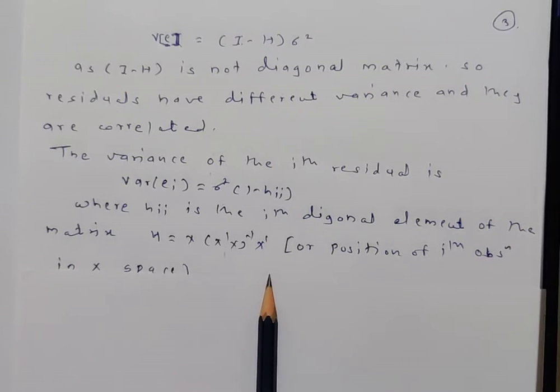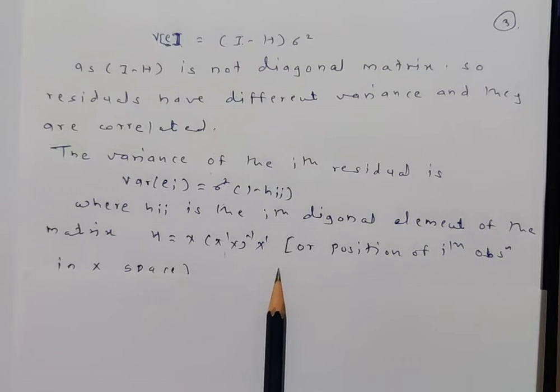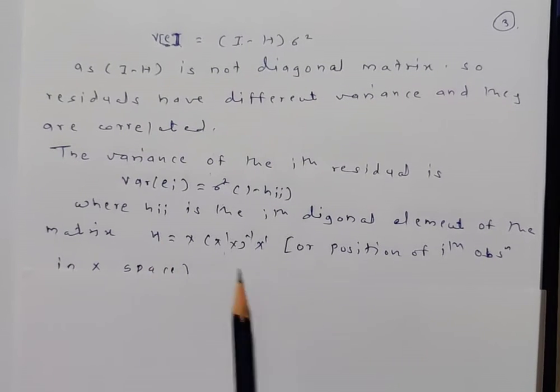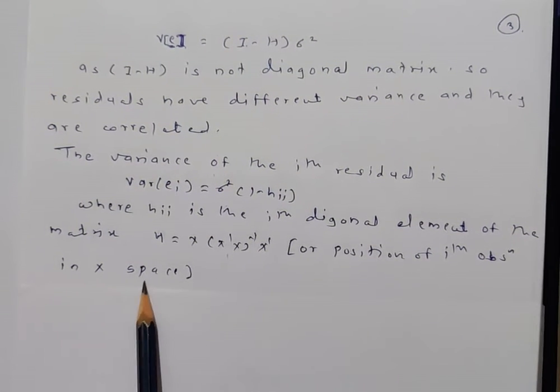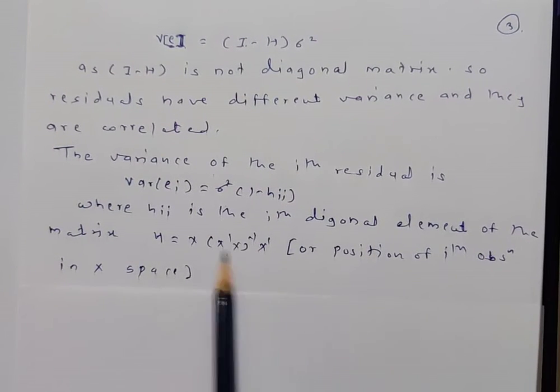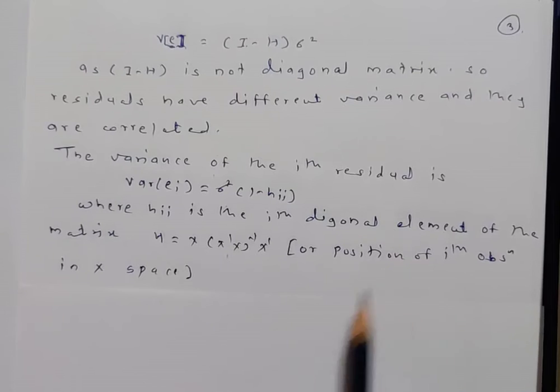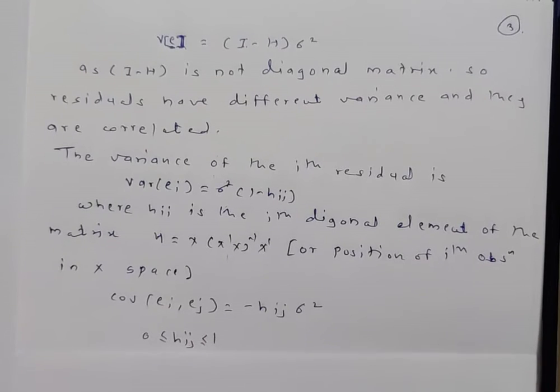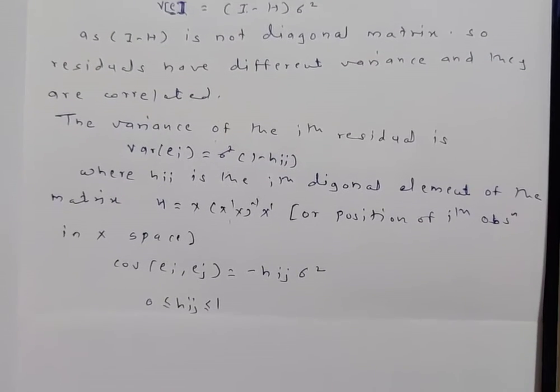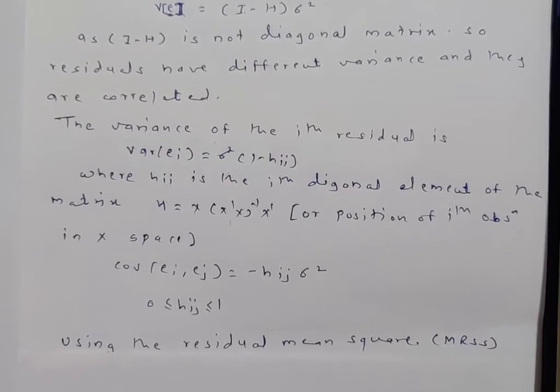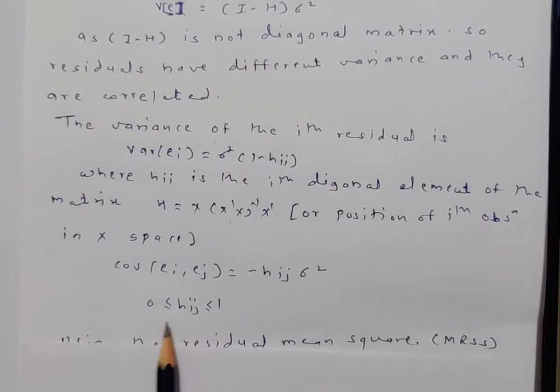The ith diagonal element h_ii is the position of the ith observation in X space. The covariance between e_i and e_j is minus h_ij sigma square, where h_ij is between 0 and 1.